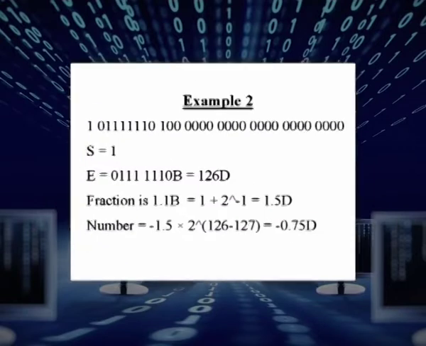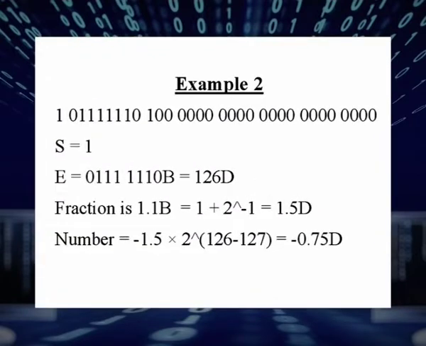Let us try one more example. Suppose this is the 32-bit floating point representation pattern. Here sign bit s is equal to 1, it means negative number, e is equal to 0 1 1 1 1 1 1 0, which is equal to 126 in normalized form.